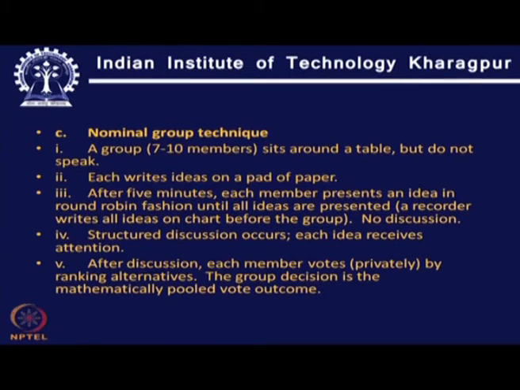As interpersonal communication is restricted during the decision making process, each member works independently and gives feedback independently. Each member produces his or her idea to the group, and no discussion takes place until all the ideas have been presented and recorded.